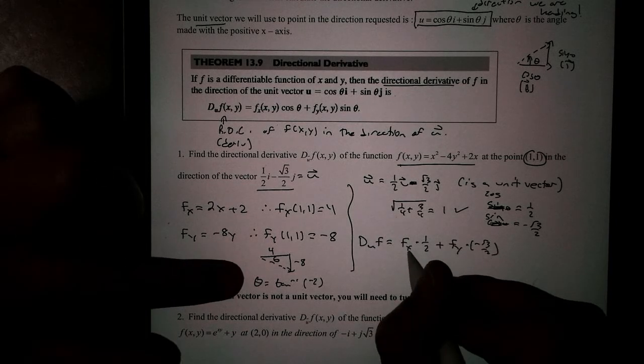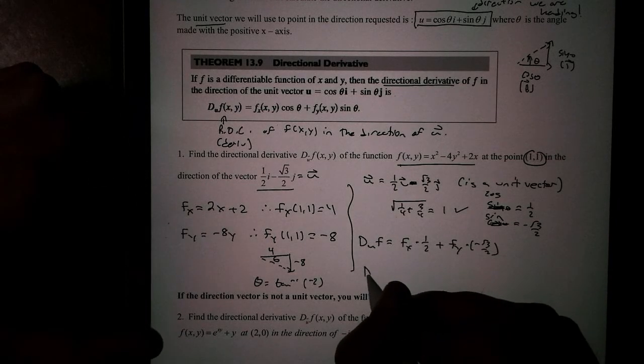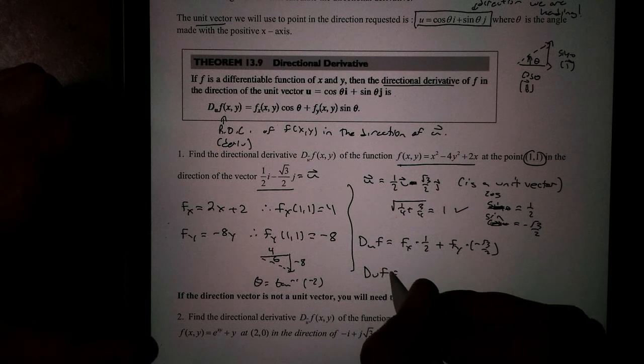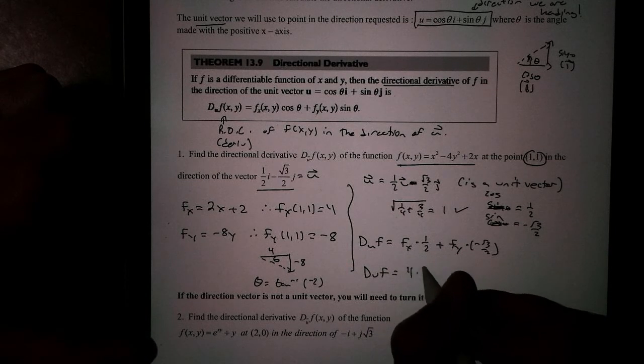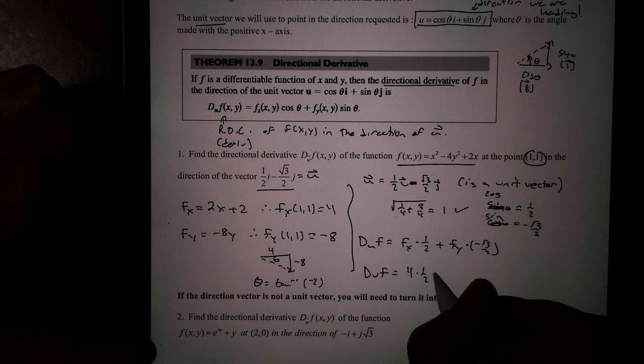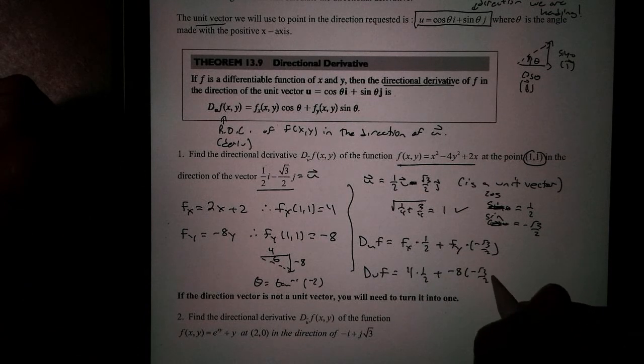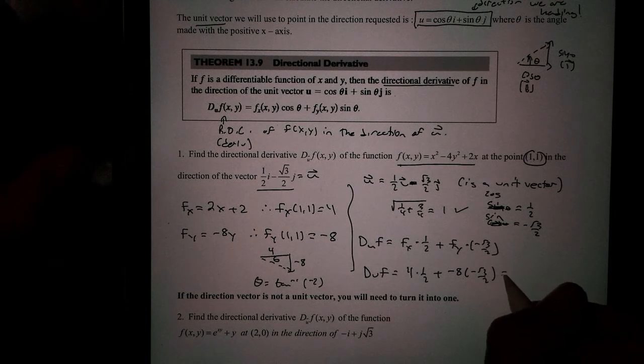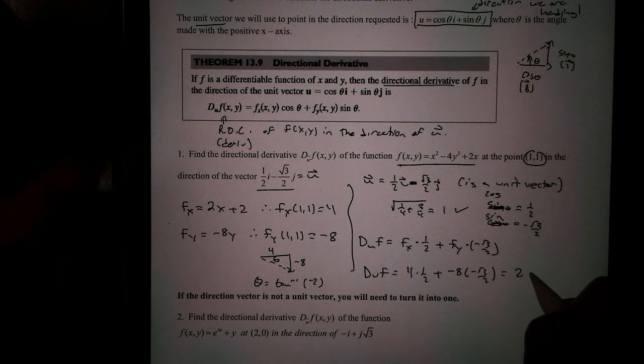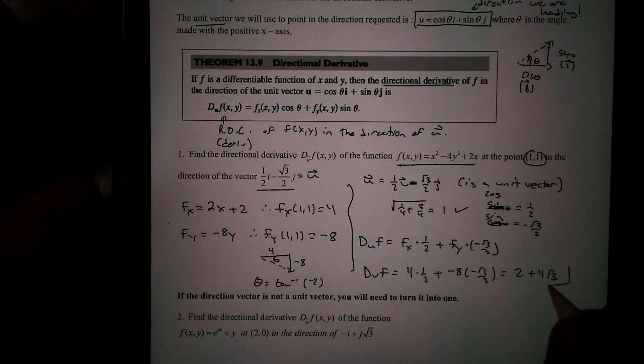Well, we found fx already. That was 4. So we get 4 times 1/2 plus fy, which we said was negative 8, times negative root 3 over 2. And if we simplify this, we're going to get 2 plus 4 root 3.